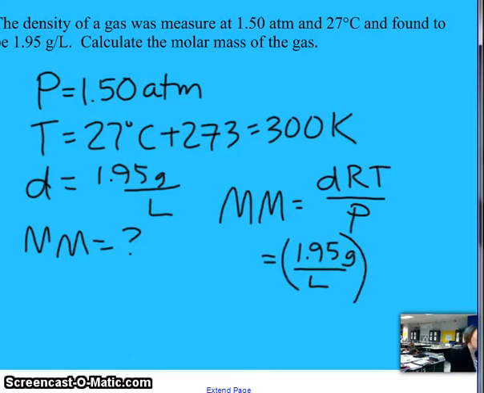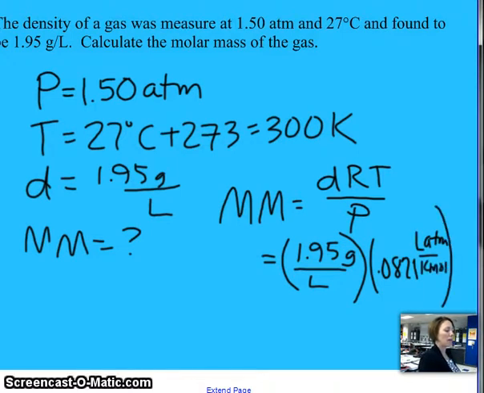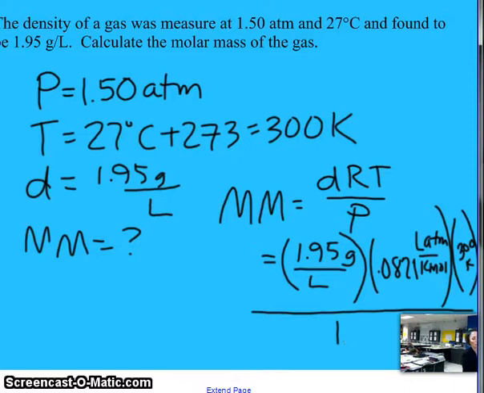We have our R, 0.0821 liter atmospheres per mole Kelvin. And we have our temperature, which is 300 Kelvin. Okay? And we're going to divide that by our pressure, which is 1.5 atmospheres.